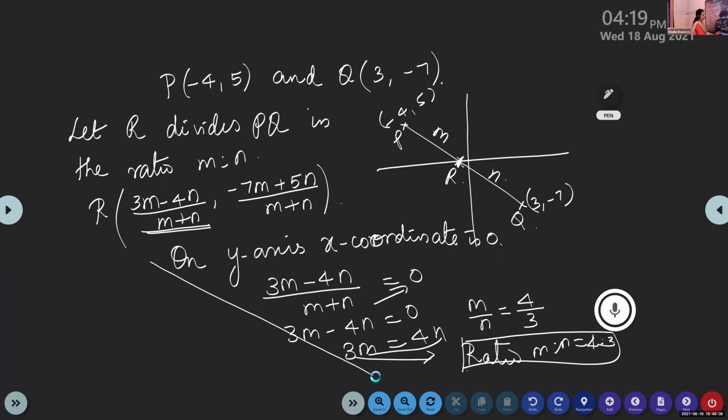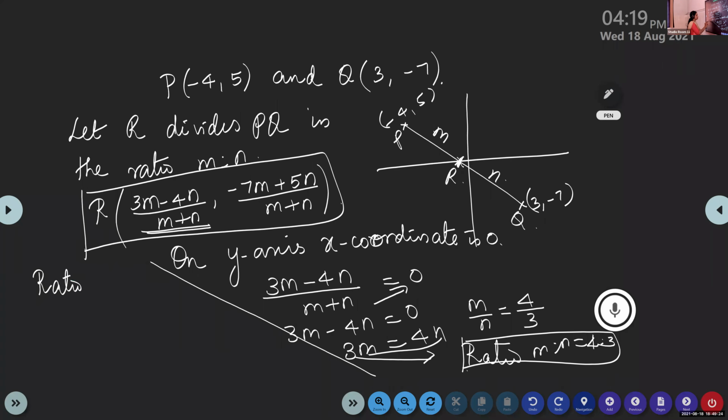Now, once you get the ratio, you substitute it in the point R and find the coordinates. The ratio is 4:3, so in the place of m you substitute 4, and in the place of n you substitute 3.